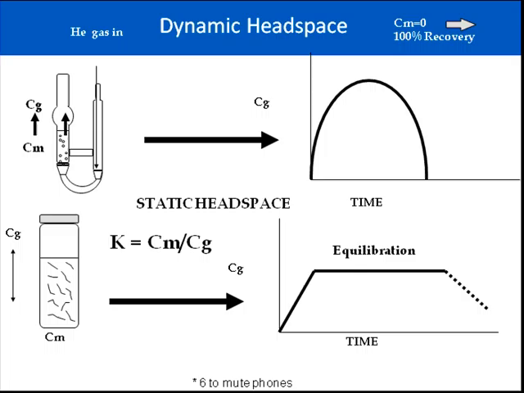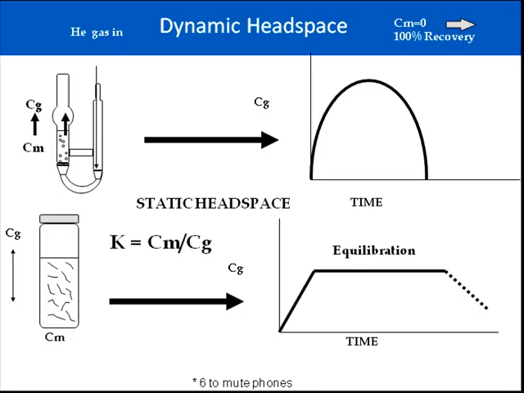I want to take a couple of minutes just to do a brief overview of the difference between dynamic headspace and static headspace. When we talk about dynamic headspace, it's just another term for purge and trap.